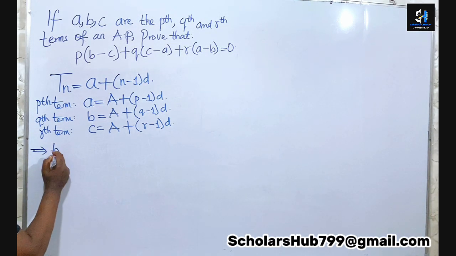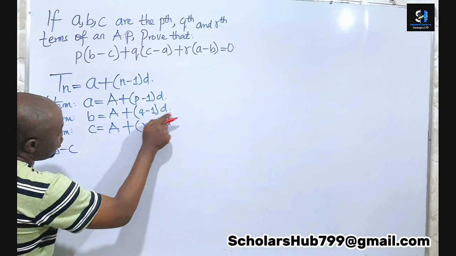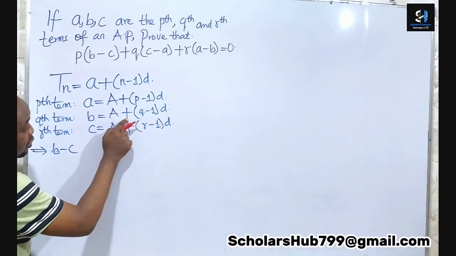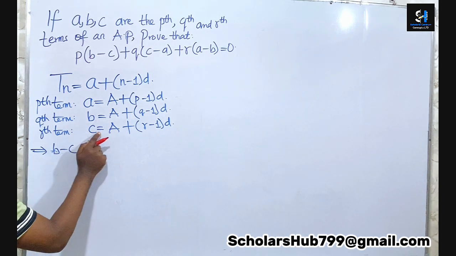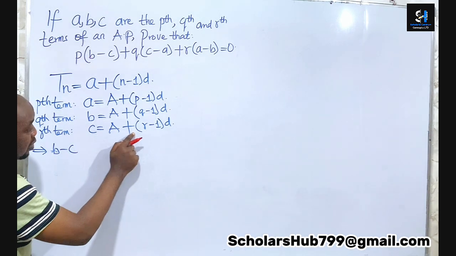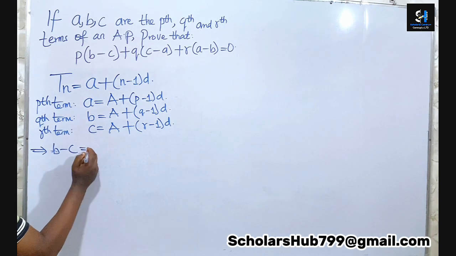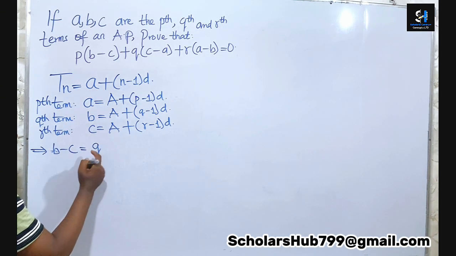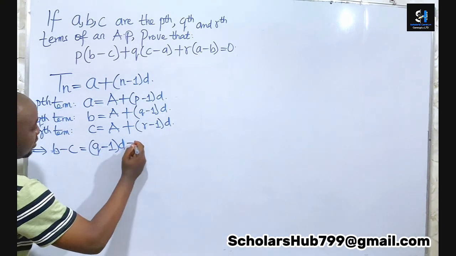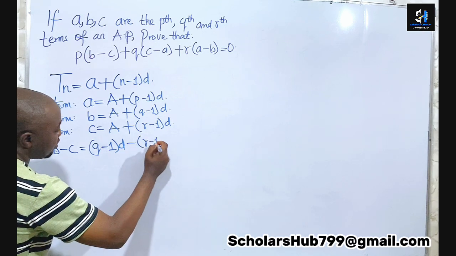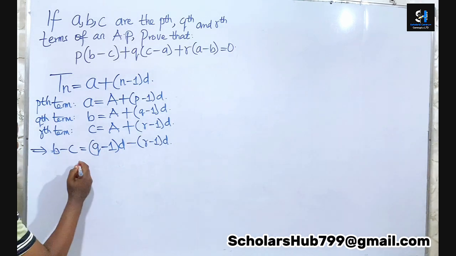All right, so for b minus c, we can see from here that b equals uppercase A plus (q minus 1) times d. Then we have lowercase c equals uppercase A plus (r minus 1) times d. So b minus c will be A minus A, that will be 0. So here we have (q minus 1) times d minus (r minus 1) multiplied by d. Now let me remove the parentheses.